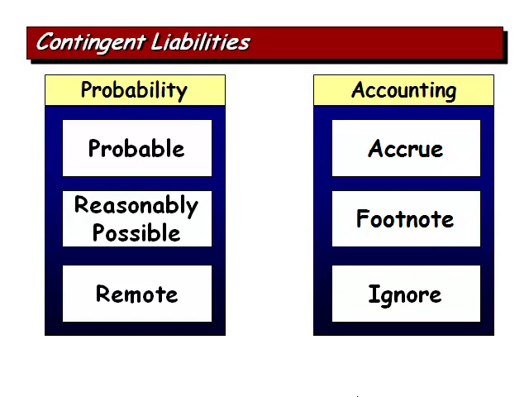Now, almost every business is involved or could be sued for something, but they're just remote, so we tend to ignore that possibility. Now, if we've been sued, and there's a good chance, it's probable that we'll lose the case, we probably need to reflect that.